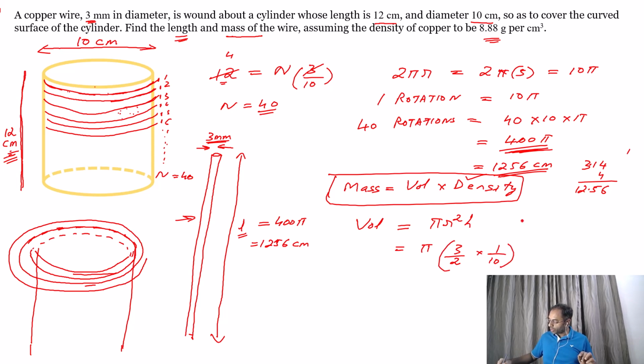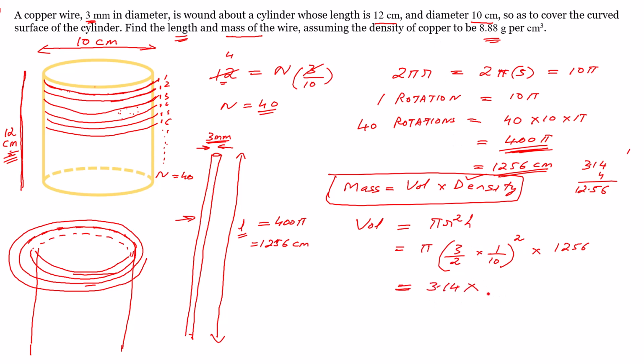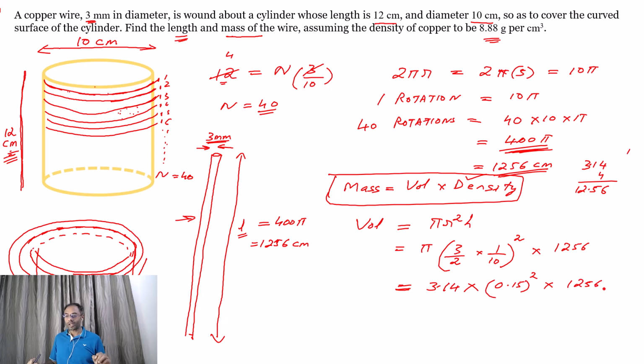So 3 by 2 into 1 by 10, the whole square, into the height, and the height is 1256 centimeters. So this whole thing will be in centimeter cube, and this is going to be the volume.